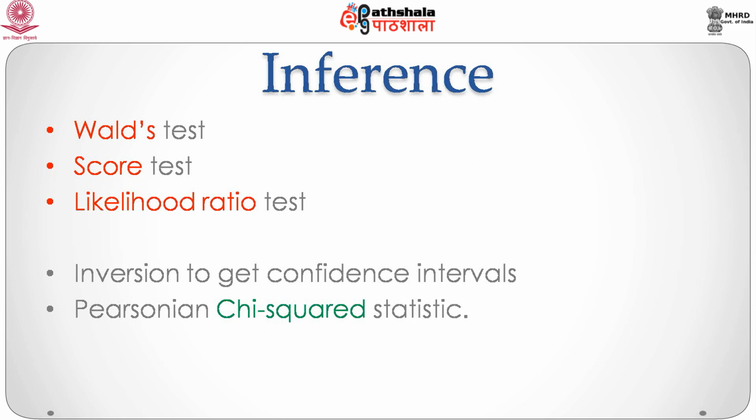Another statistic which you have heard of before in the context of likelihood analysis of a contingency table is the very well-known Pearsonian chi-squared statistic, and it is in fact one reason why likelihood inference was very popular for contingency tables. We shall revisit the Pearsonian chi-squared statistic in a subsequent module.